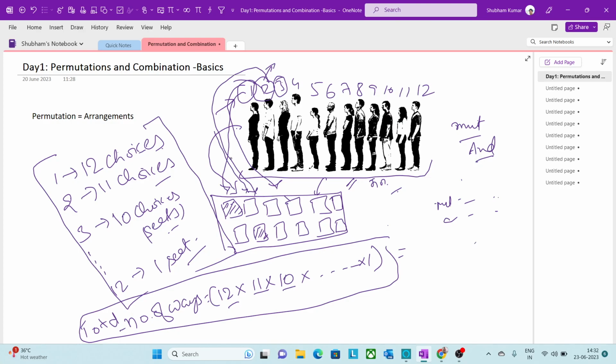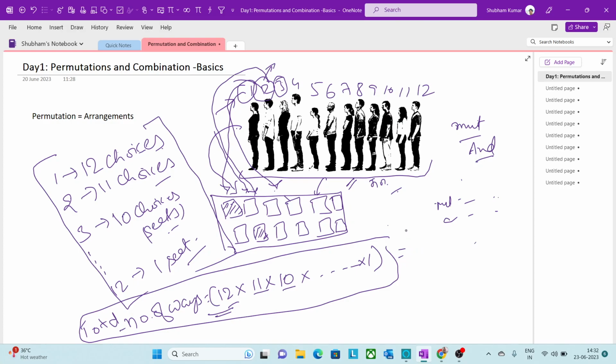Don't you think so? Because person 1 will occupy, and then person 2 will occupy, and then person 3 will occupy, and so on and so forth. That's why the product of these numbers of choices will give you the total number of ways in which they can occupy the 12 seats.